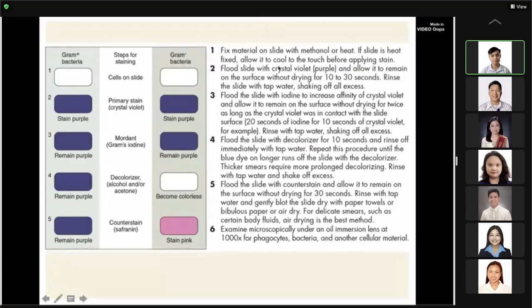This is the procedure in gram staining, that we fix the material on the slide with either methanol, or we can do heat fixation. If heat is used in fixation, we allow it to cool to touch before we proceed with the staining.